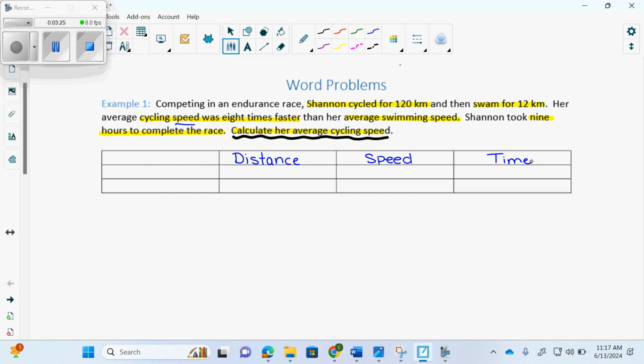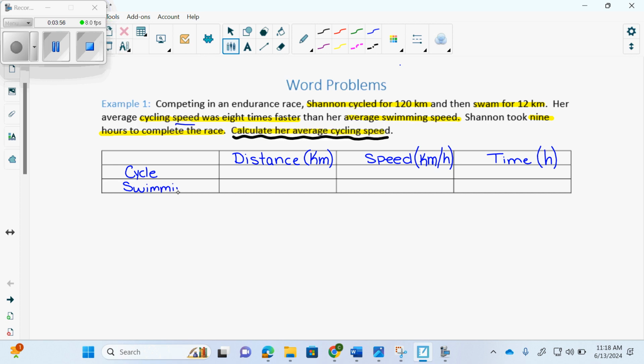We agree? The distance was in what units? Kilometers. The speed was in what? Kilometers per hour. And the time was in hours. Yes? And then what do we compare? Sorry, cycling and swimming.